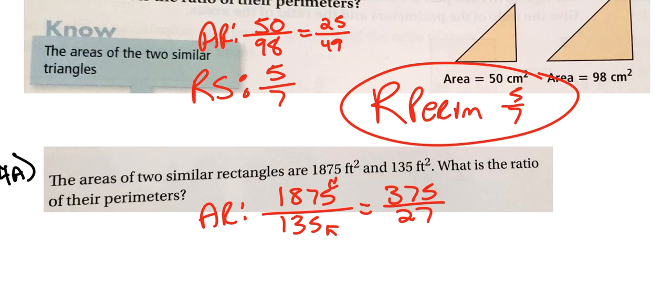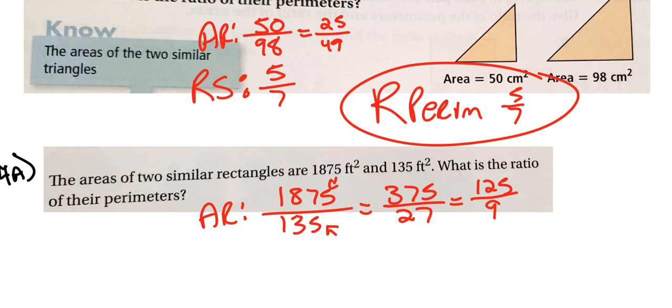So I know what goes into 27 is 9 and 3, so I'm going to try 9 first because it's bigger. That didn't work, so I'm going to try 3. All right. So this is 125, and this is 9. So now I have this down to something that I can try to take the square root of on the bottom, but the top is still not going to give me a whole number.